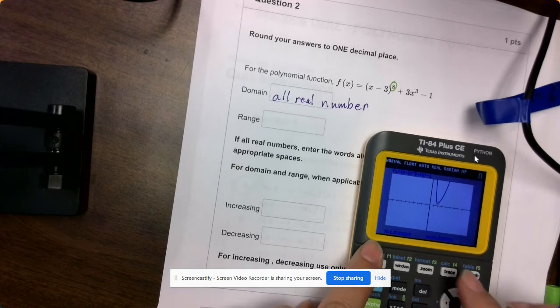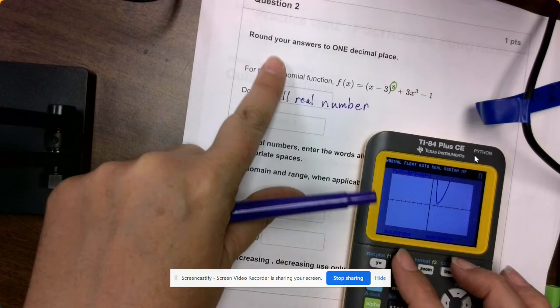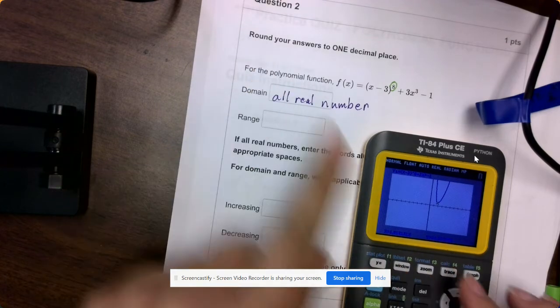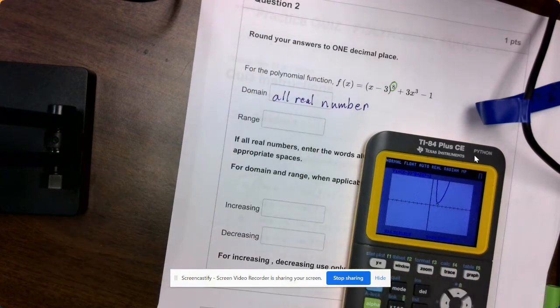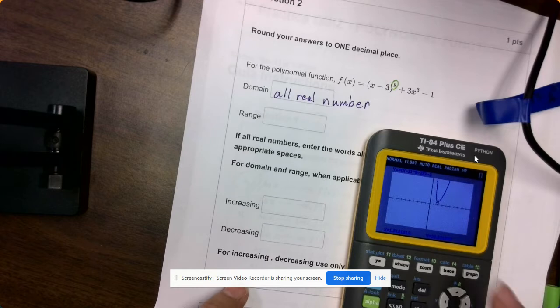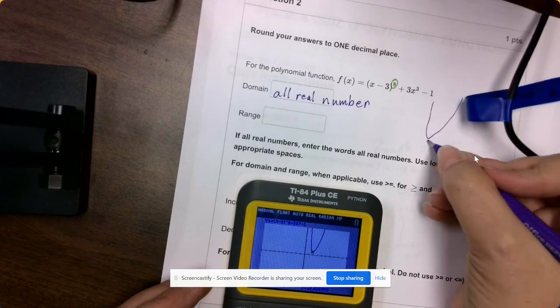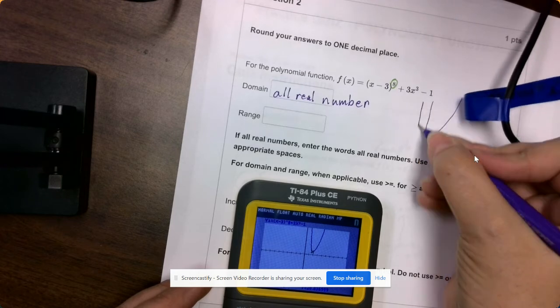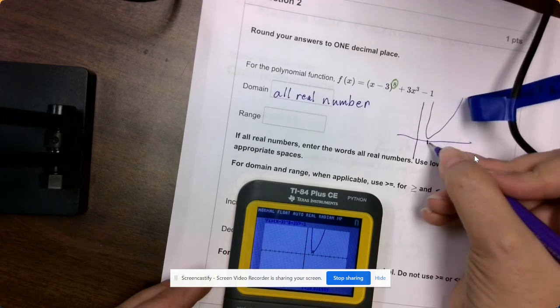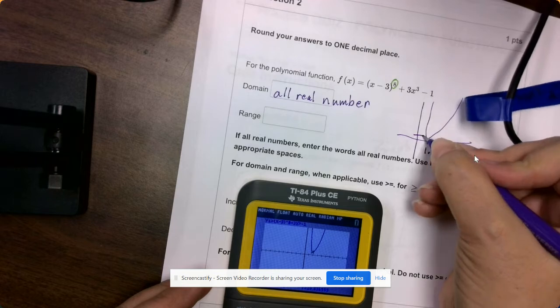Do you see that? It says round to 1 decimal place. So we're using 1 decimal place. So x is going to be 1.8 and y is going to be 20.8. Everybody on a graph like this. So 1.8 right here and 20.8 right here.